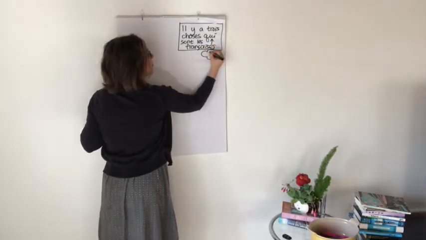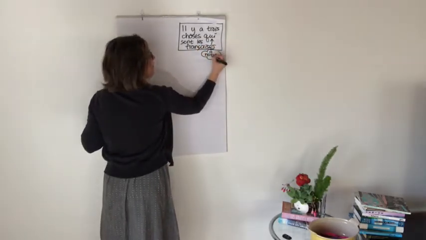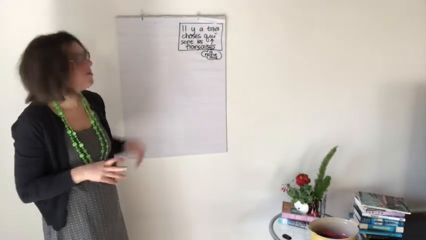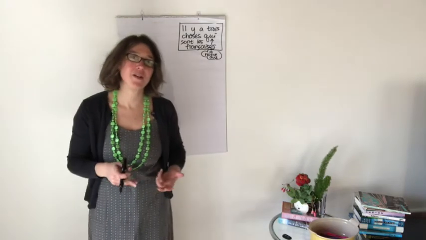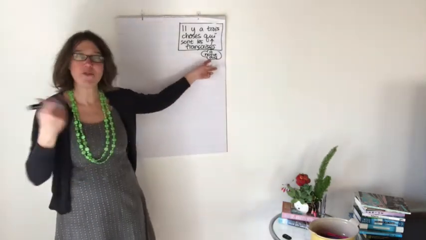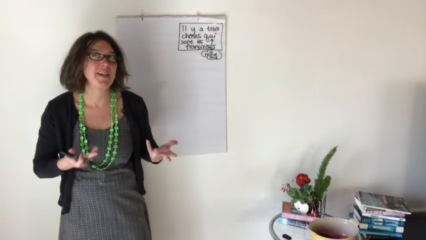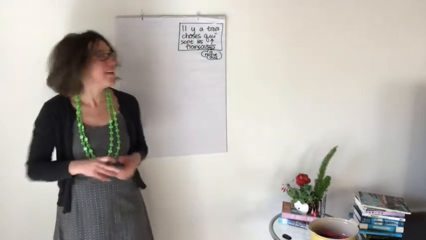And here's the bonus, à notre avis. I'm going to try to use that as much as I can, or in this case, probably just once. Maybe I can use à notre avis more than once, and every time I do that, I'm going to give myself a little point, because I'm doing what we want to do.